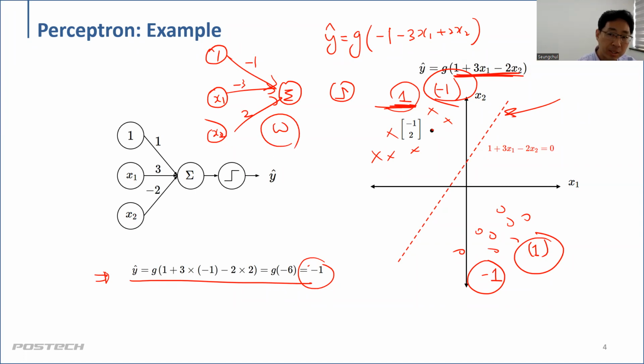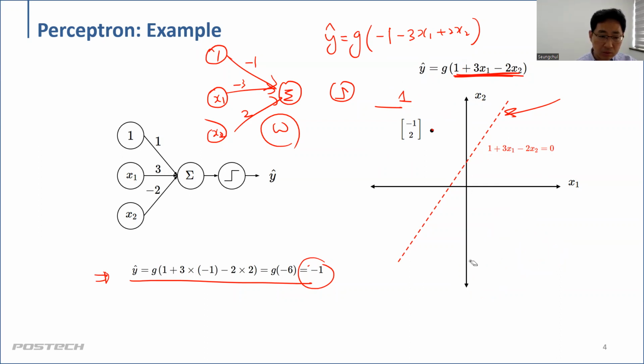Okay, is that enough for your questions? And for the geometric sense, you guys remember omega transpose x, and these omegas and x are orthogonal.